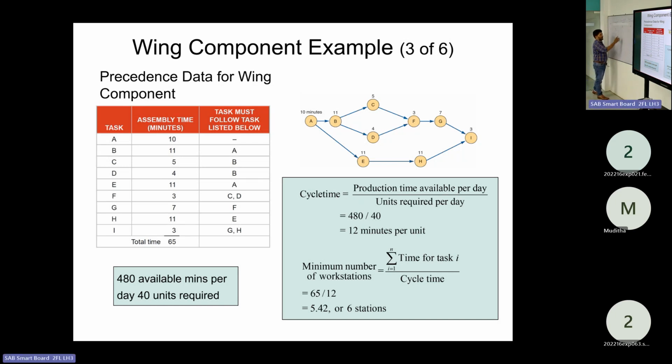Task A, the starting point of the process, is the feasible task, so we assign that. After that, we had only 2 minutes remaining. We can't accommodate any other task, so we consider that idle time, and move to workstation 2, which still has 12 minutes.